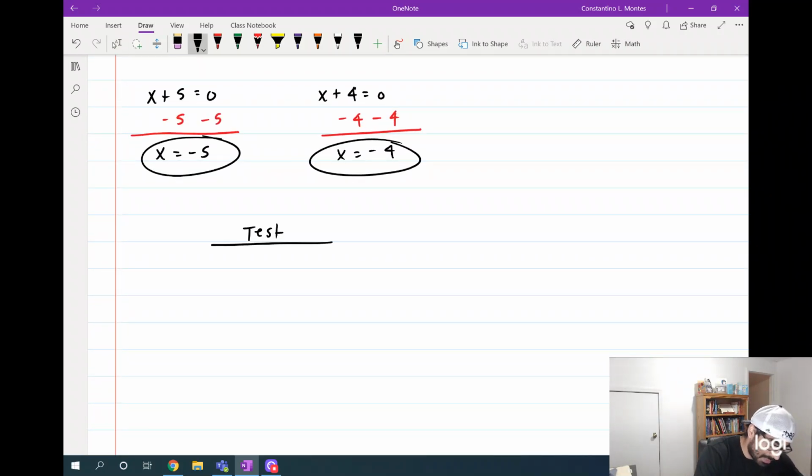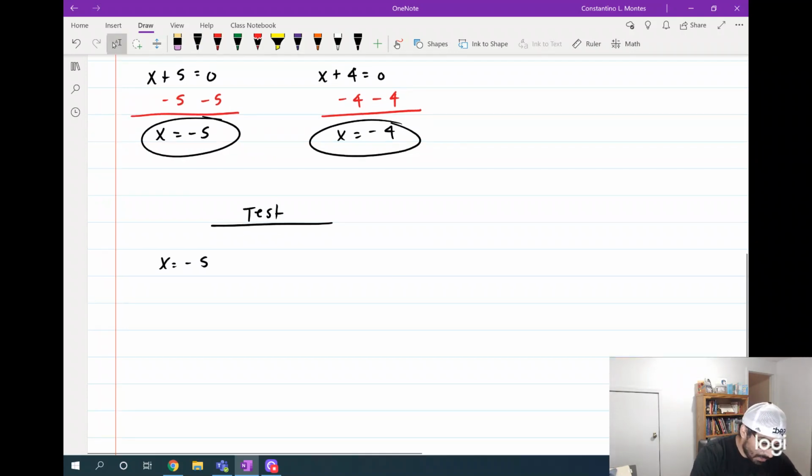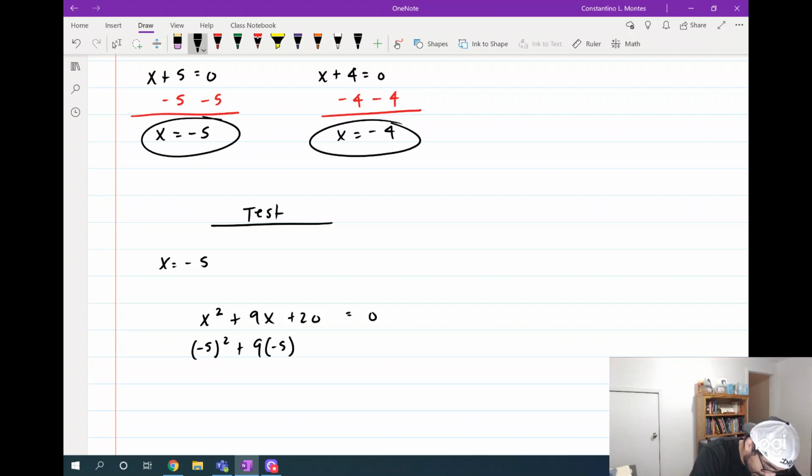Let's see, does my solution x equals negative 5 actually work? Well, all you have to do is, let me write x squared plus 9x plus 20. Let's just substitute in negative 5 and see if we end up with 0. All right, so I'm going to write parentheses negative 5 squared plus 9 times negative 5 plus 20 equals 0.